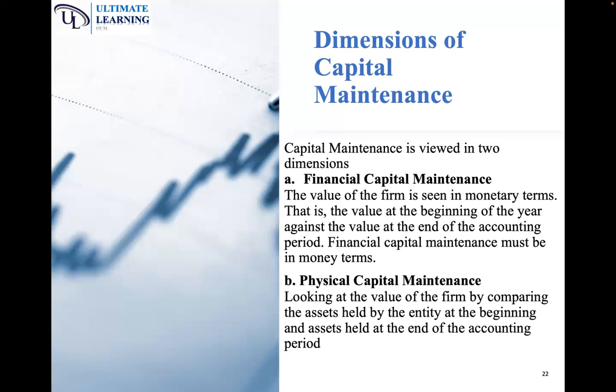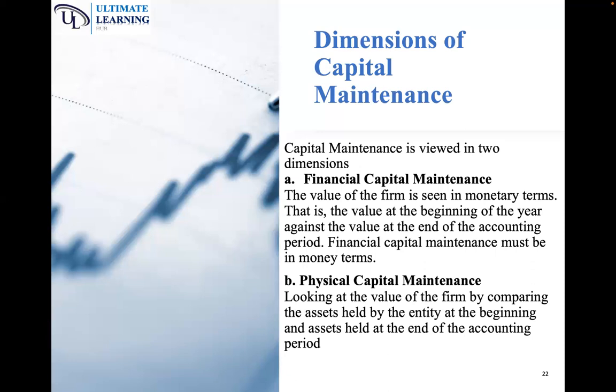For example, if I have chairs in my business, what is the worth of the chairs? I can say that my chairs are worth $1 million. In other words, that is financial capital maintenance. On the other hand, when we look at physical capital maintenance, we are looking at these elements in terms of their numbers.